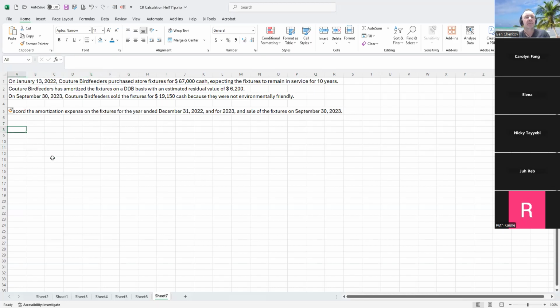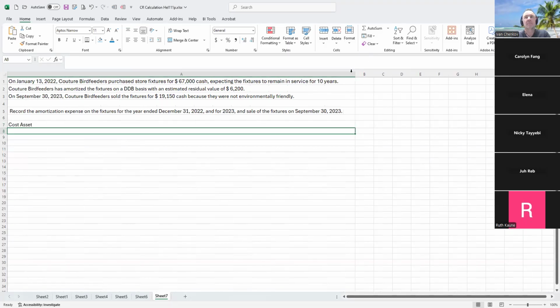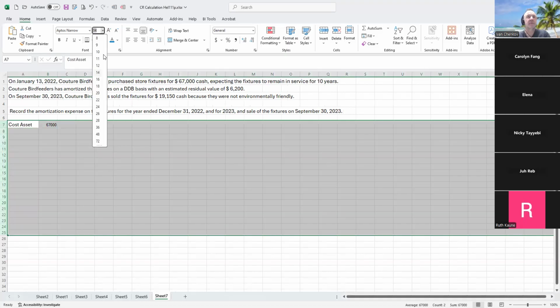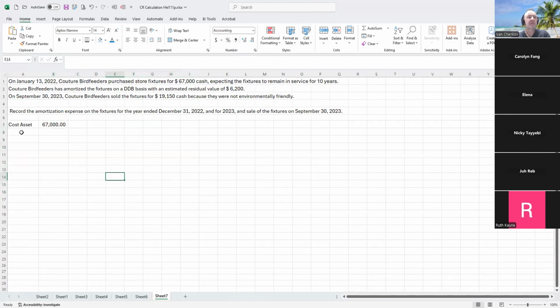Let's go. What is the cost of the asset? $67,000. Let's get all of those here like this. Do we have residual value? Yes, $6,200.